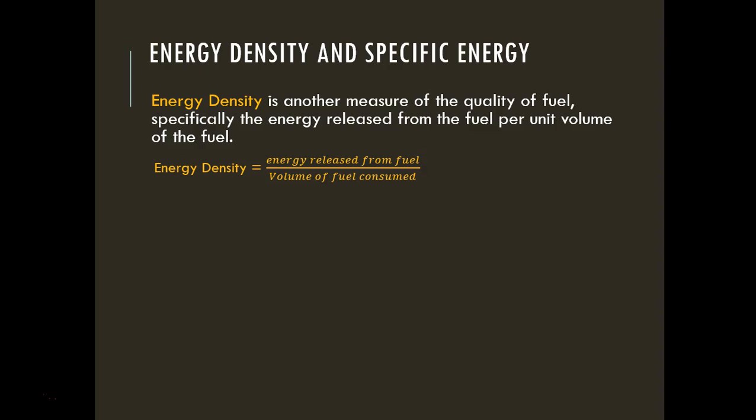Now, generally, when you're given problems with energy density, they're not going to be as simple as a problem that gives you the energy released and the volume of the fuel. Instead, they're going to generally give you a density and a value for delta H. So if you are a guru with units, you will know that multiplying the delta H value by the density and dividing by the molar mass will ultimately give you a unit of energy per volume, usually kilojoules per liter.